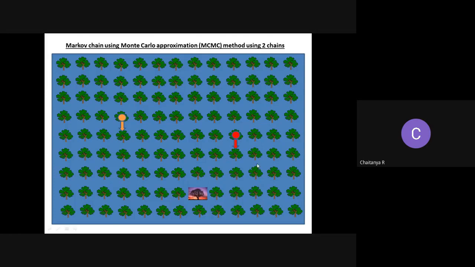And using this philosophy, we hope that the chains will keep jumping to trees that have higher and higher posterior probability, right? And the great big hope is that these 2 chains will converge onto the one tree that we need, which is basically the tree with the highest posterior probability in your tree space, right?